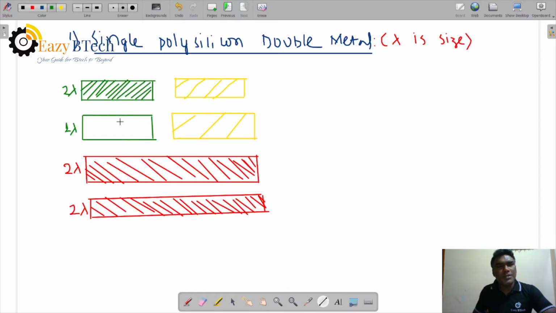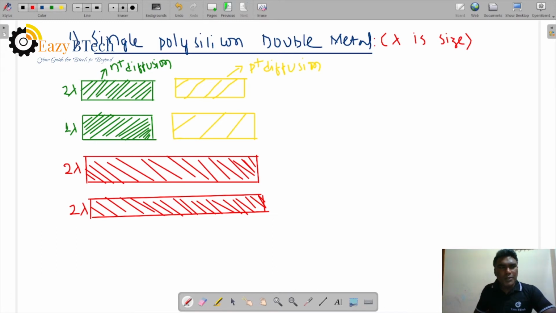The representation is N plus diffusion, with N type impurity dopants, mostly phosphorus, right? So N plus diffusion is used for the source and drain of an NMOS transistor. Now this is P plus diffusion, used for the source and drain of a PMOS transistor.